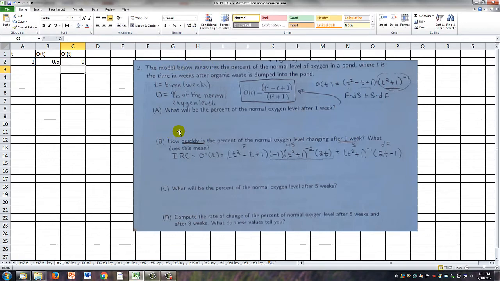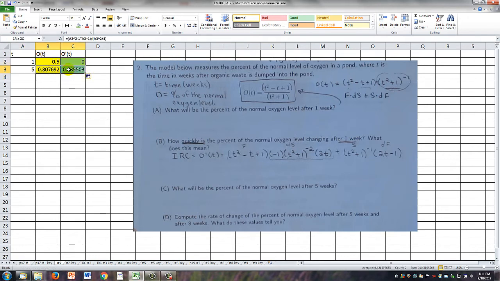Alright, so now the percent normal oxygen level after 1 week would be this original function here. And then how quickly is it changing after 1 week? That would be this value here. And then percent of normal oxygen level after 5 weeks, I'll put 5 in here.